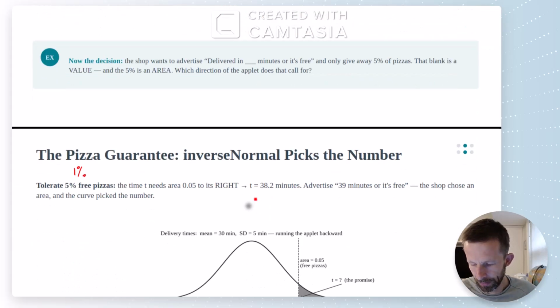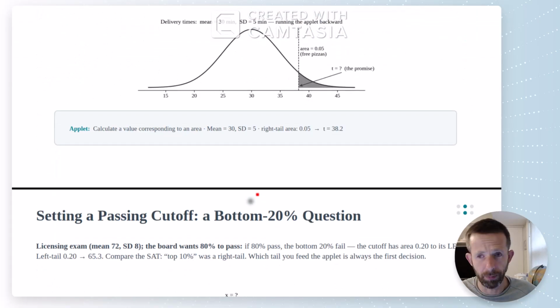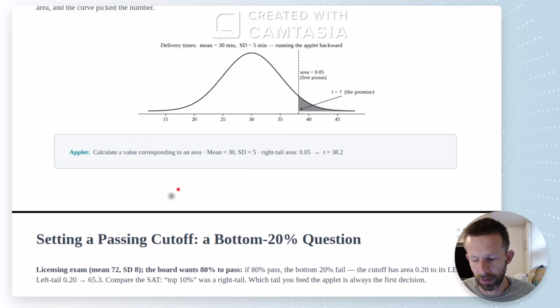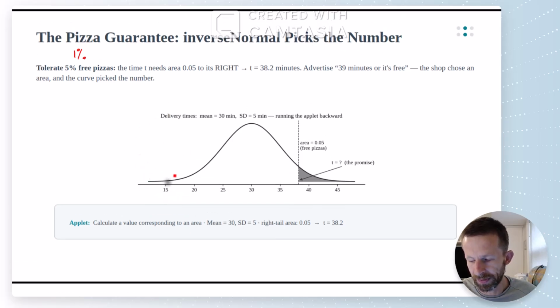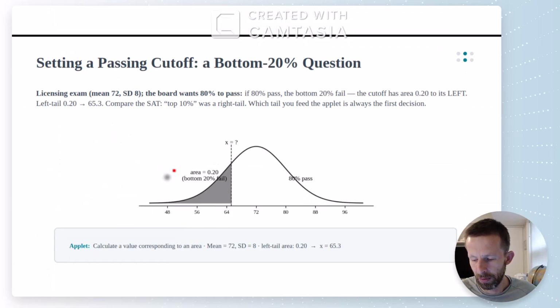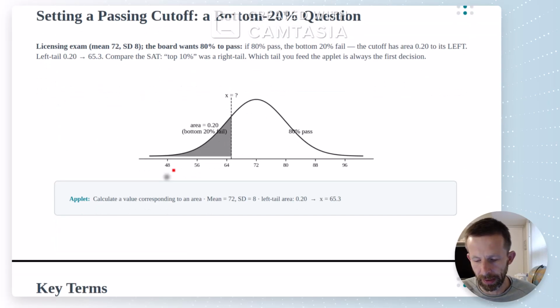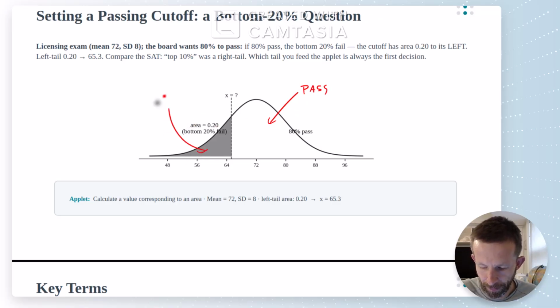All right, so same idea. You can use the normal CDF and inverse normal to move backwards and forwards. Setting a passing cutoff, bottom 20% question. A licensing exam with a mean of 72 and standard deviation of 8 wants 80% of people to pass. So if 80% pass, the bottom 20% fail.